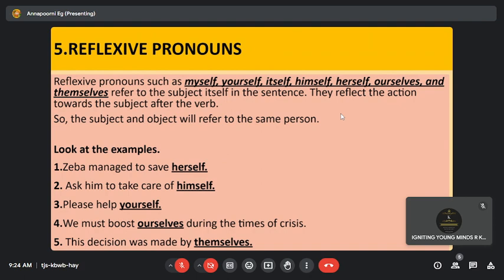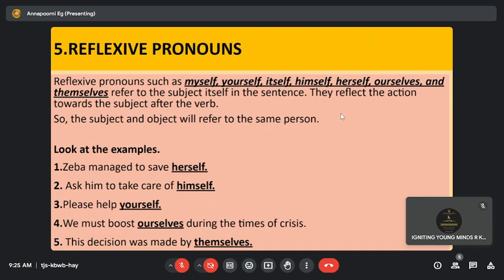The cat ate the food itself. It means the cat, without asking for help, ate the food itself. Because you would have seen some cats, if you give a roti or something, they won't eat it. Instead, you should tear it into small pieces, and if you give it, they will eat it. टुकड़ा टुकड़ा करने के बाद उसको देते तो they will eat easily.